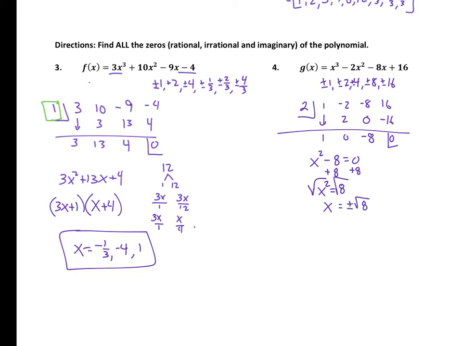We're going to reduce this, so that gives us x equals plus or minus 2 times the square root of 2. So then our answers, don't forget, we've got 2, and then 2 times the square root of 2, and -2 times the square root of 2 equals x.